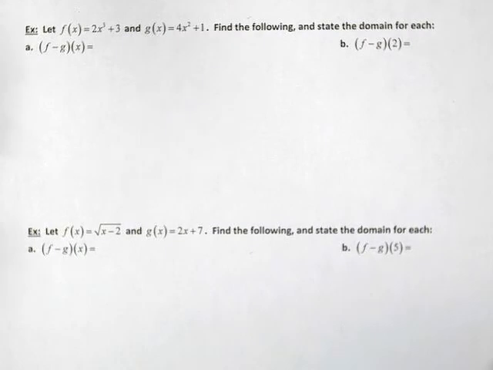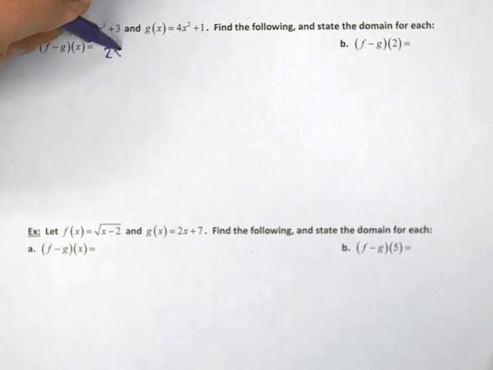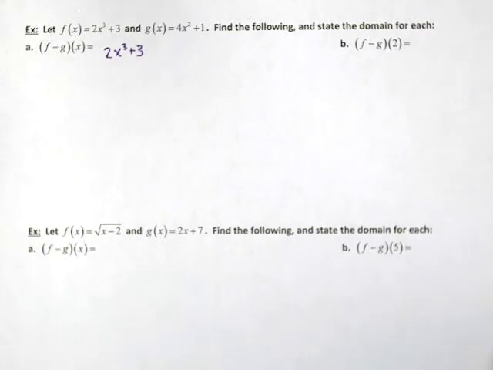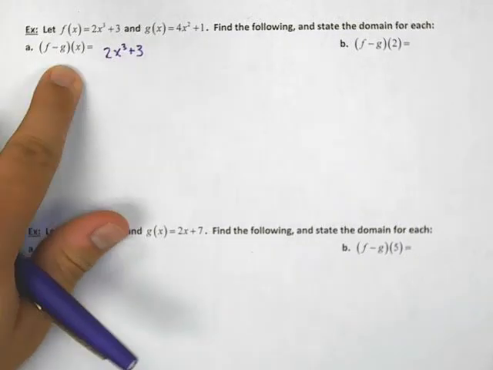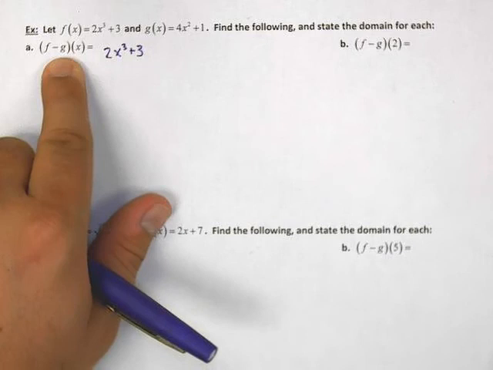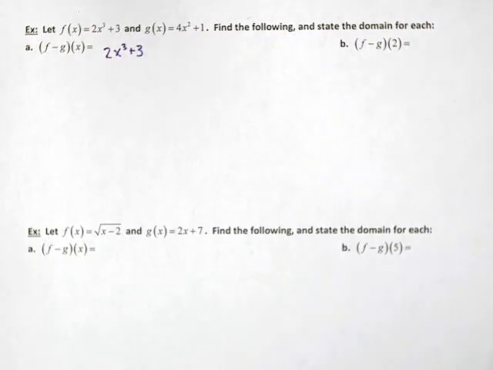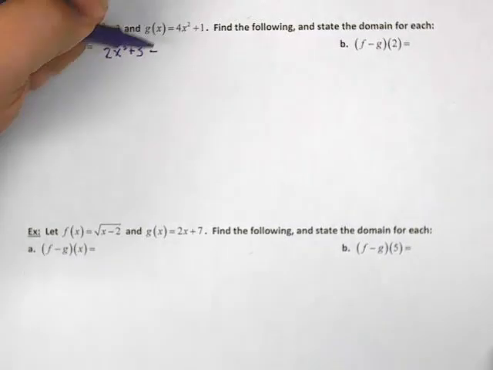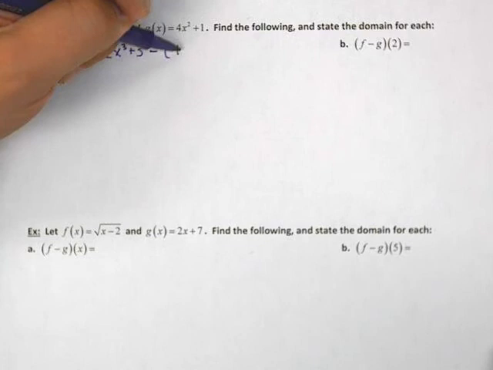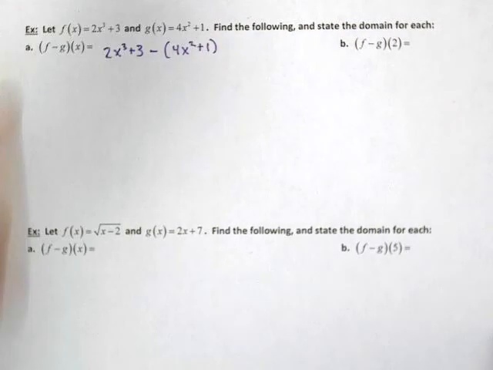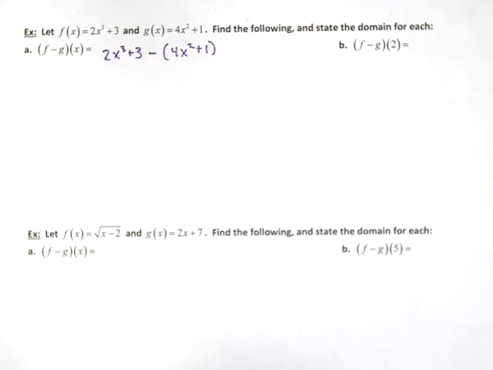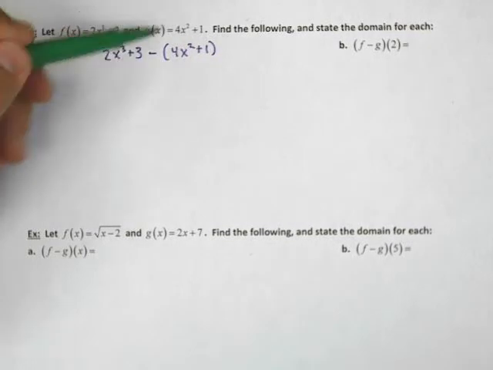So what are we going to do? Well, I am going to take my f function, and I am going to subtract the g function. Now, you have options here. If you understand that it's subtraction, which means you're just going to make everything negative, that's fine. I personally am going to add one extra step, and I'm going to say minus the entire function, okay? Because now on my next step, I'm going to distribute this negative.